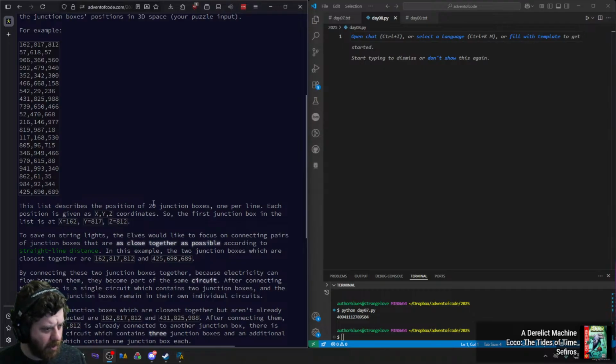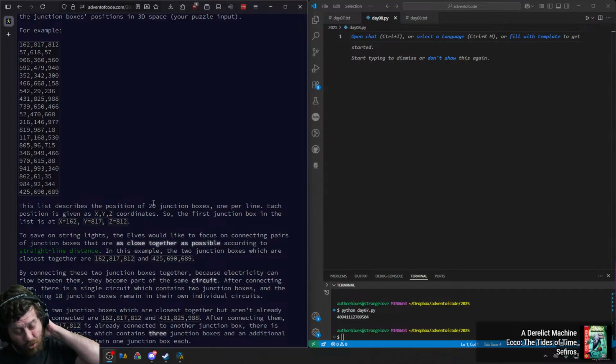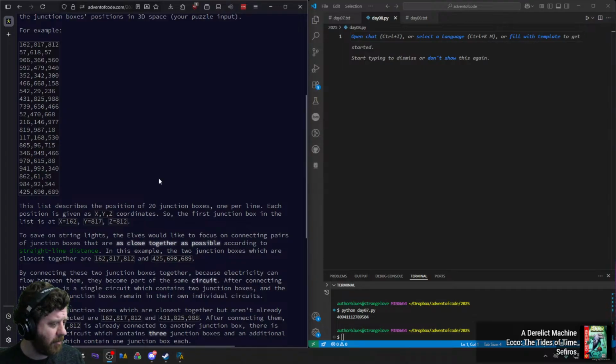Now the two junction boxes which are closest together but aren't already directly connected are so on and so forth after connecting them. So we're just doing a min spanning tree on an implicit graph.